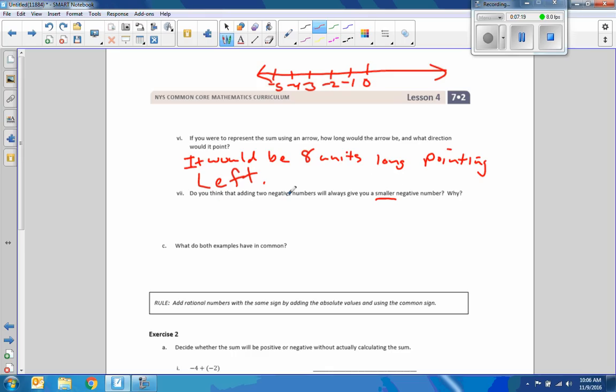So the bigger the negative number, the smaller the number really is. So do you think that adding 2 negative numbers will always give you a smaller negative number? In other words, if I added negative 2 and then subtracted another 1, negative 3 is smaller than negative 2, so the answer is yes.